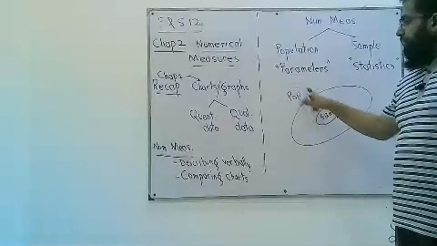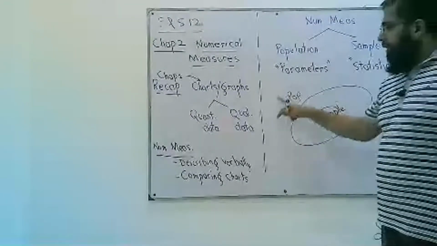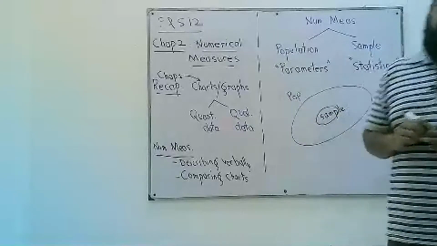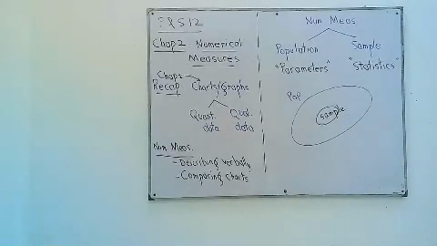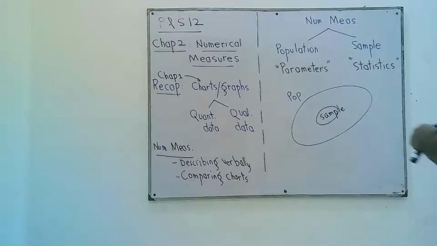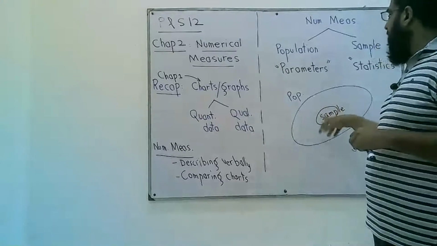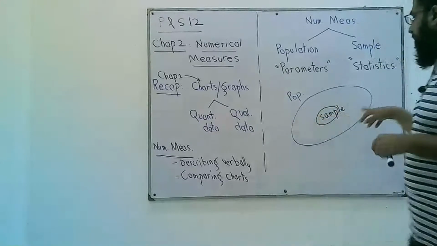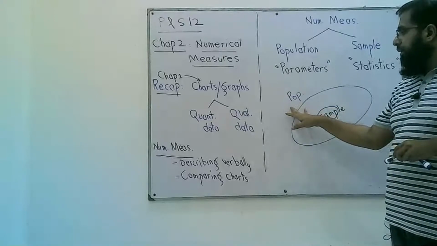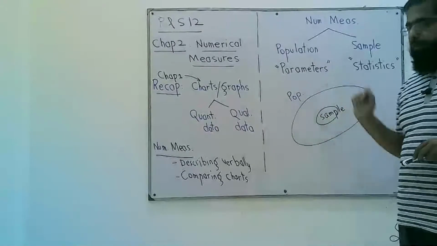Measuring everything in the population isn't possible, or it is very difficult. Therefore, we have to rely on a sample, and the numerical measures that we compute on samples are used to estimate the parameters of the population.